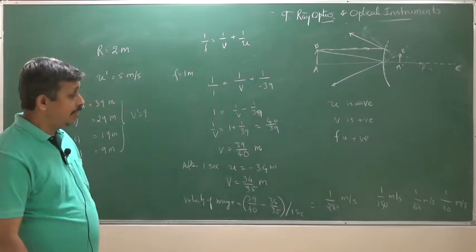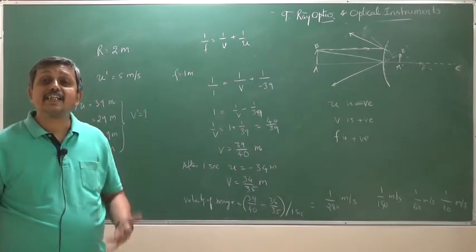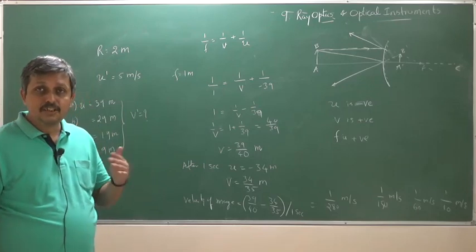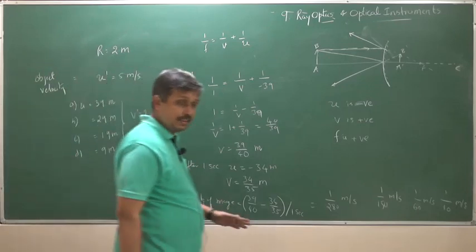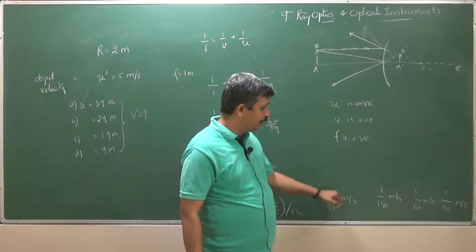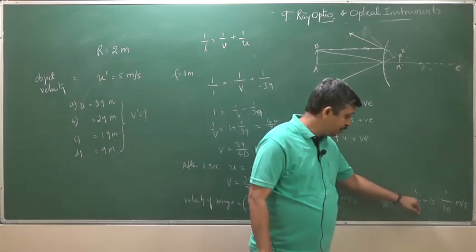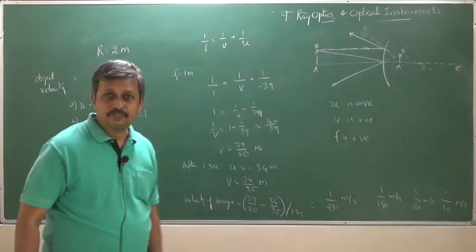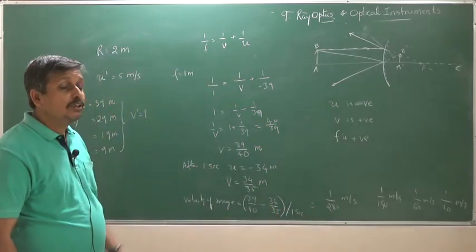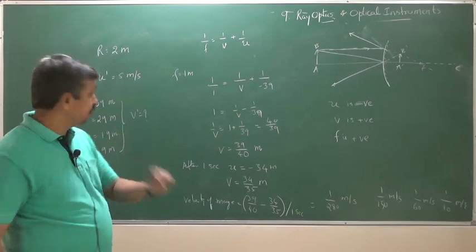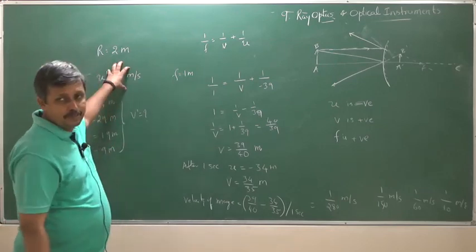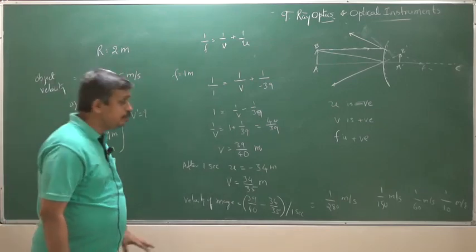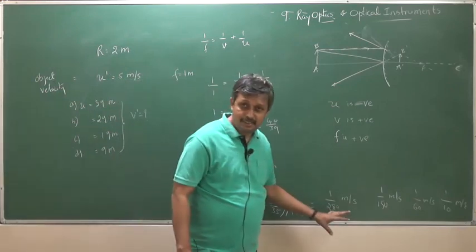However, when it is coming nearer and nearer, you can see that its speed is getting increased. 1 by 280 is smaller than 1 by 150 and smaller than 1 by 60. 1 by 10 is the highest speed when compared to all these 4. So that means that though the object is moving at a constant speed of 5 meters per second, the image is moving with a variable speed.